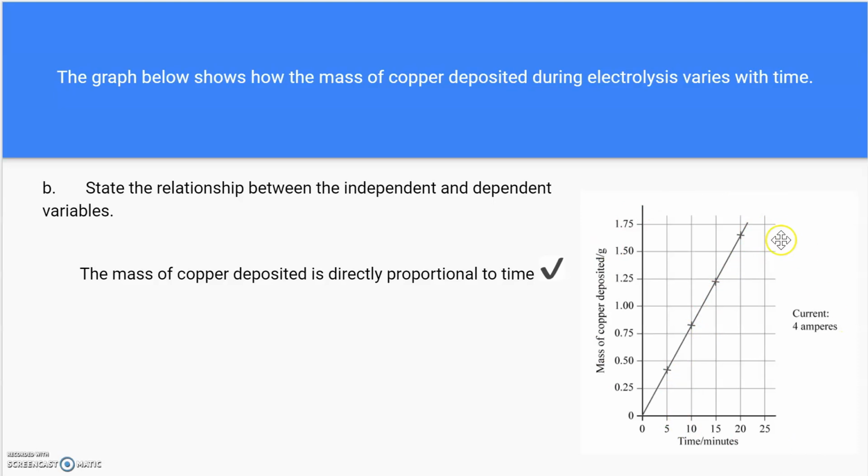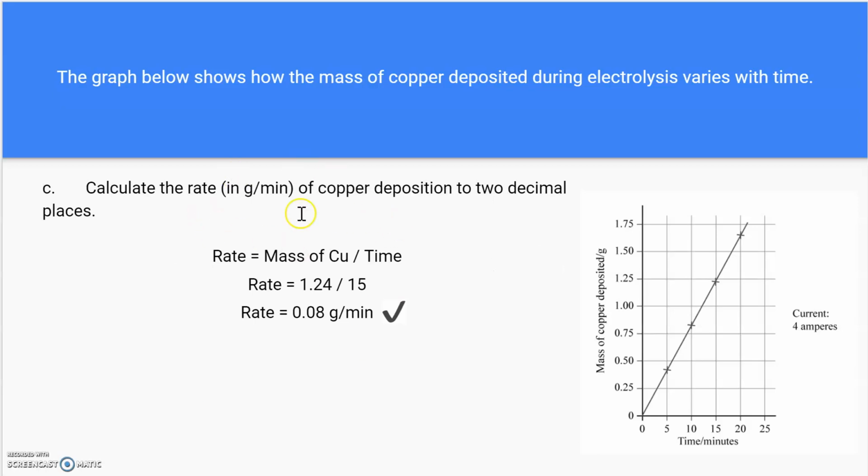So, by looking at the graph and identifying the positive linear relationship, we are able to note that mass of copper deposition is directly proportional to time. So when you state that our dependent variable is directly proportional to our independent variable, which adapted to this scenario is the mass of copper deposited is directly proportional to time. So that would be part B.